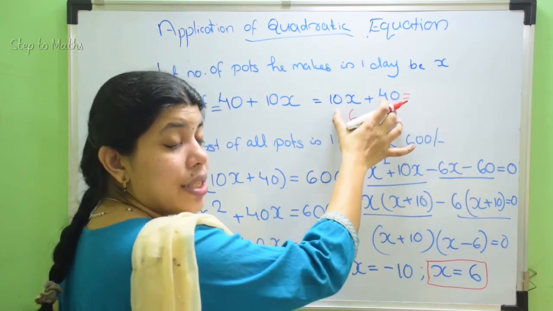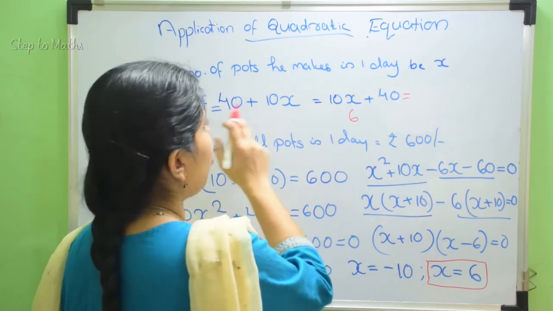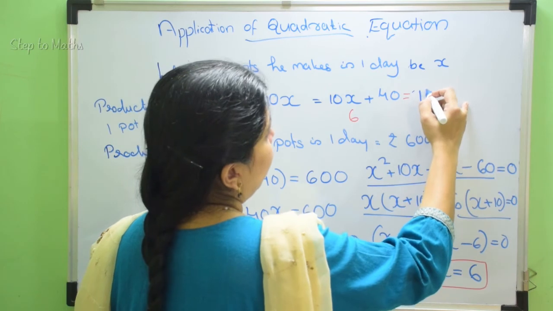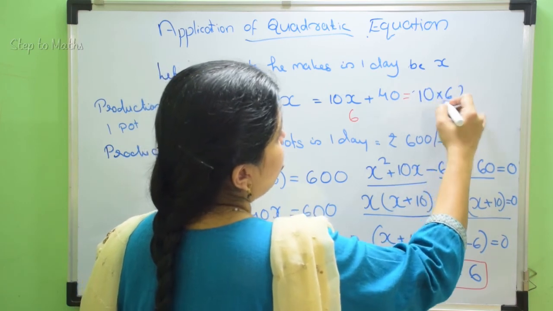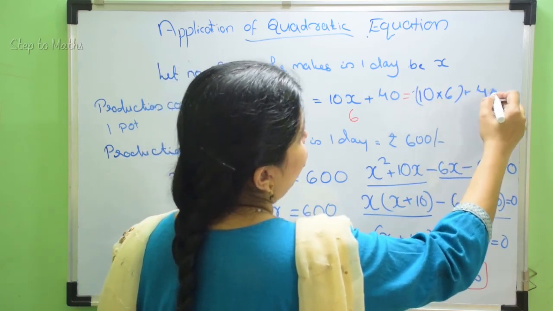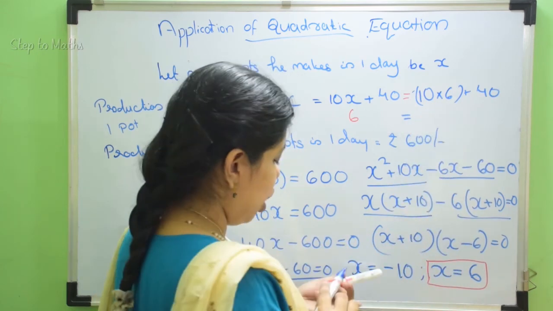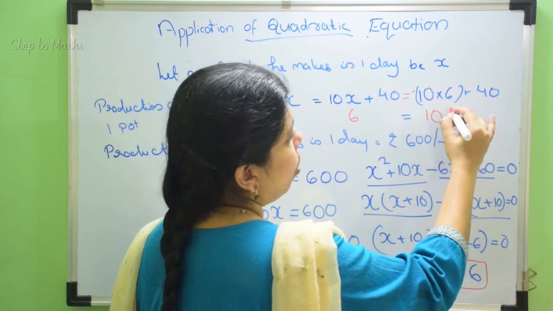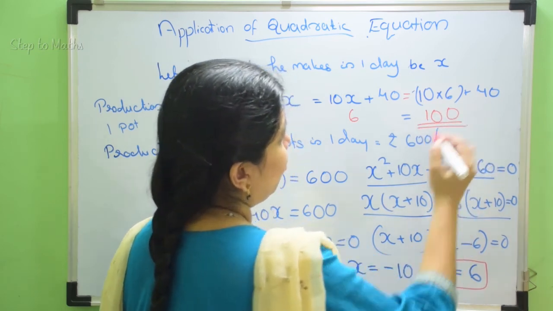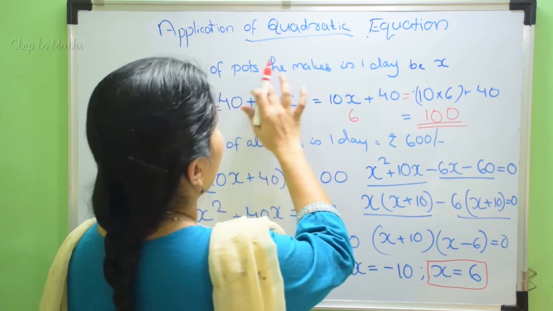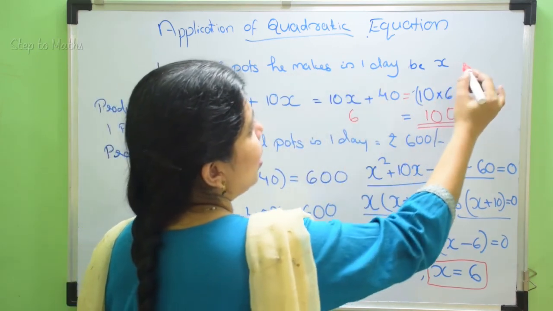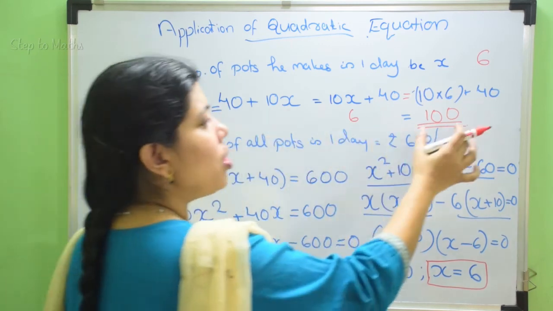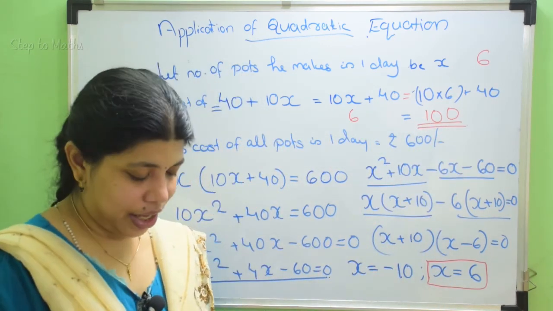So, using this relation we can find out the production cost also. 10 into 6 plus 40, that is equal to 60 plus 40, which is equal to 100. The number of pots he makes in one day is 6 and production cost of one pot is rupees 100.